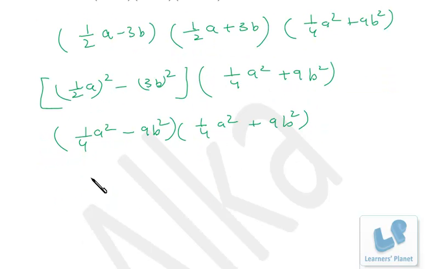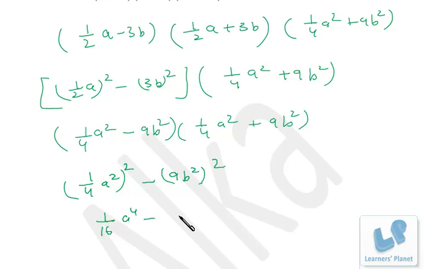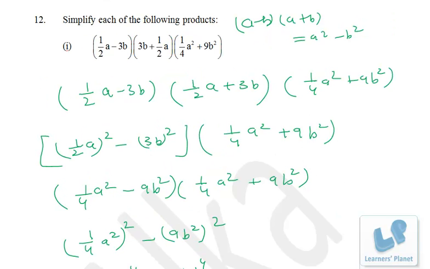So it's (¼a²)² − (9b²)². Just expand it. It's 1/16 a⁴ − 81b⁴. As simple as that. So the simple identity (a − b)(a + b) = a² − b² we are using to simplify this product.